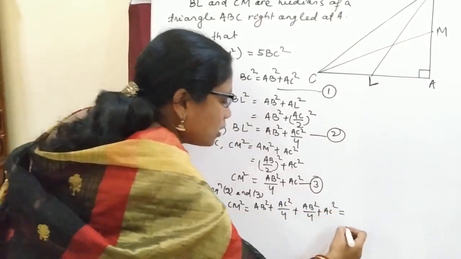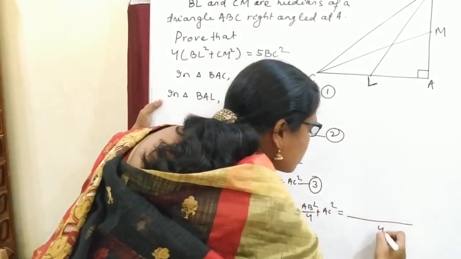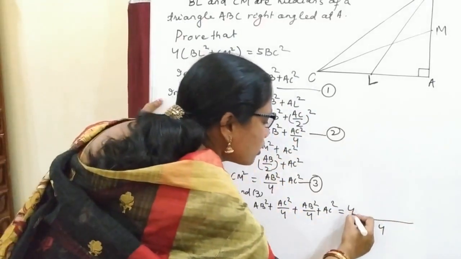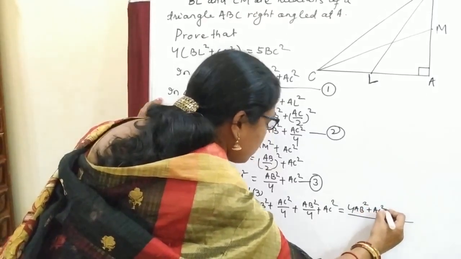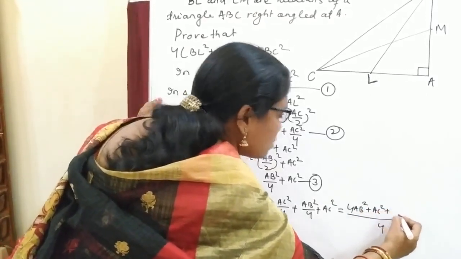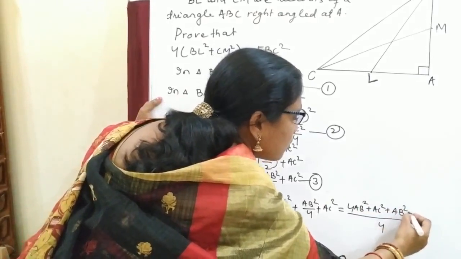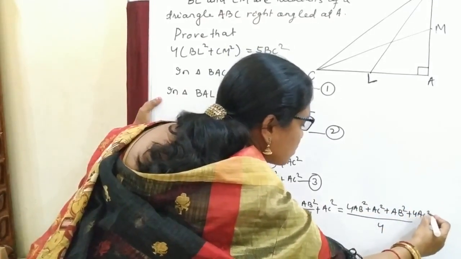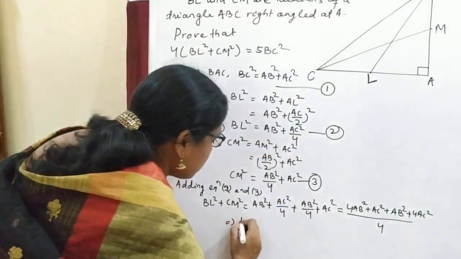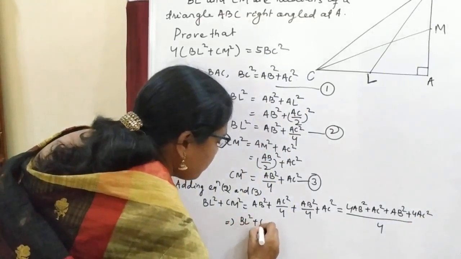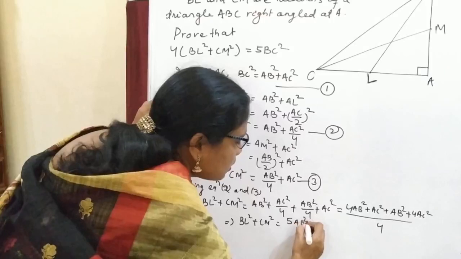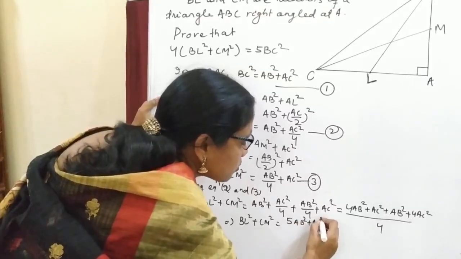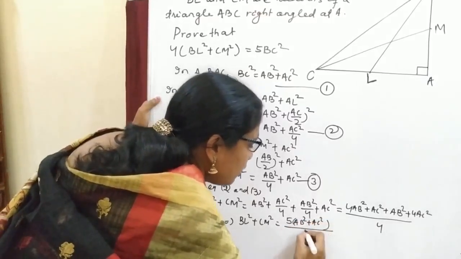So 4 is the LCM, that is 4AB square plus AC square plus AB square plus 4AC square. So this implies BL square plus CM square is equal to 5 times (AB square plus AC square) divided by 4.